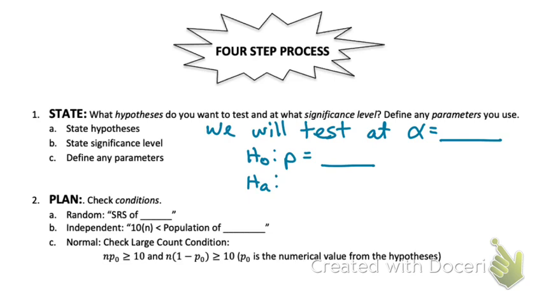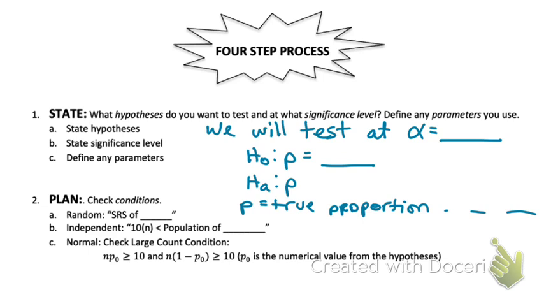Your alternative is that p is somehow related to the claimed value. I don't really know which way you're going to have to go there. And then you're going to define p. p is the true proportion of whatever. That is how you do a statement for a hypothesis test.